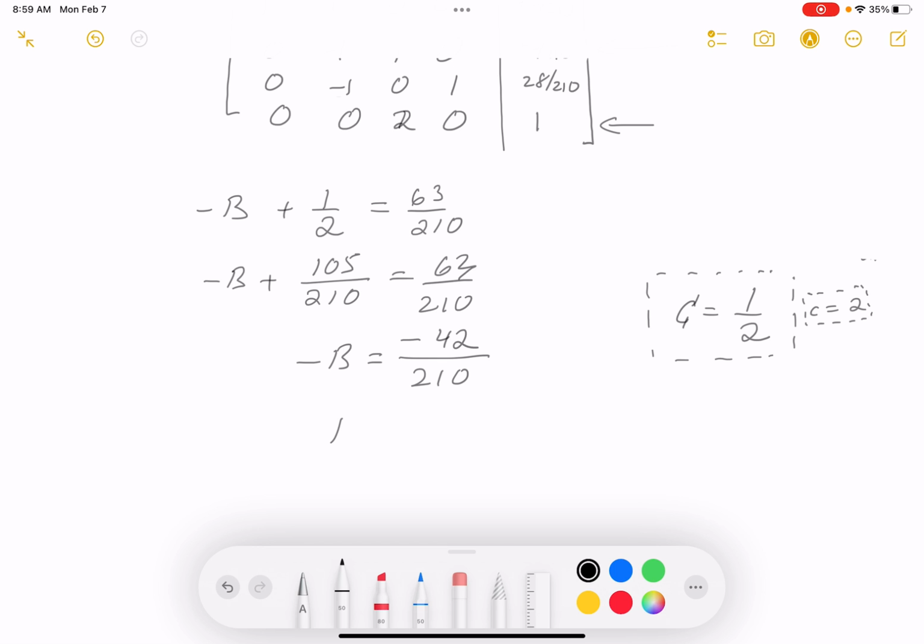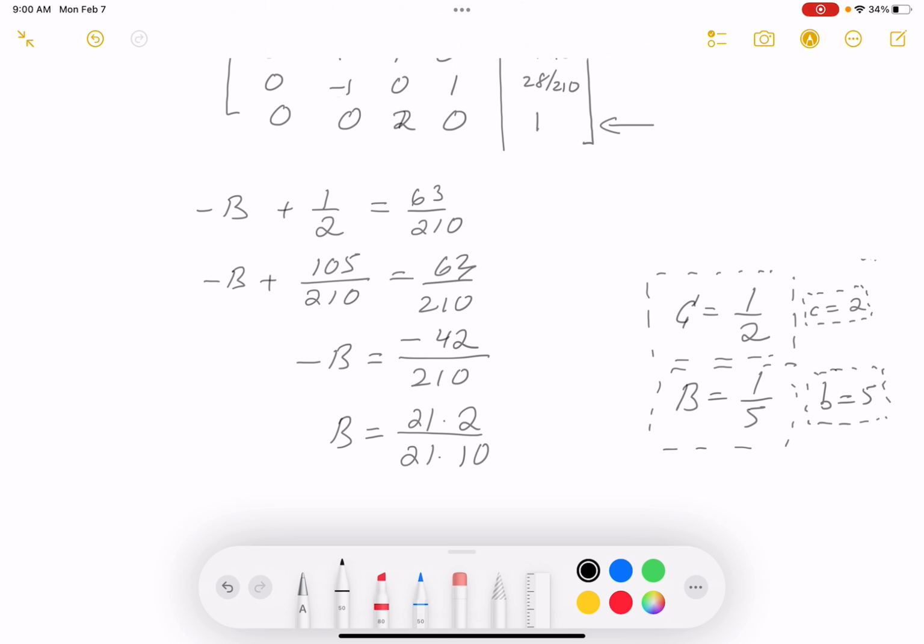So the b, I think I can reduce that, right? So it's really 21 times 2, 21 times 10. Or I'm just kind of reducing it. And that's 1/5. So what's b? B is 1/5. And that means a little b is 5.